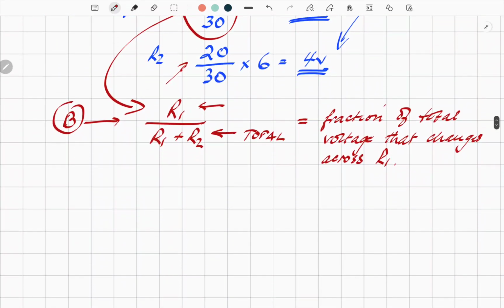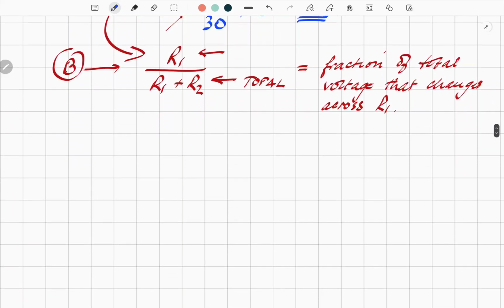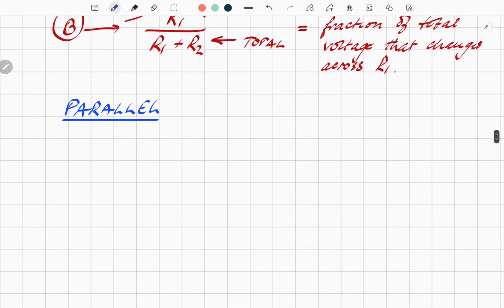And then for parallel circuits, okay? A typical parallel circuit, let's say with a couple of branches.